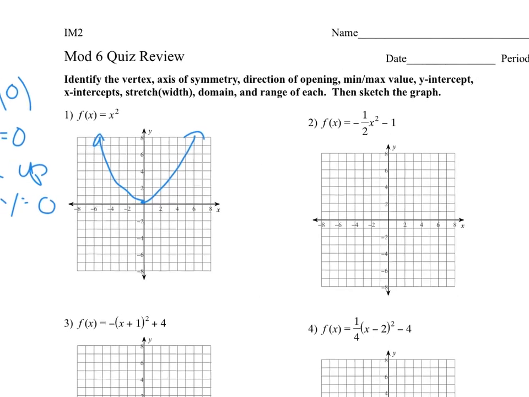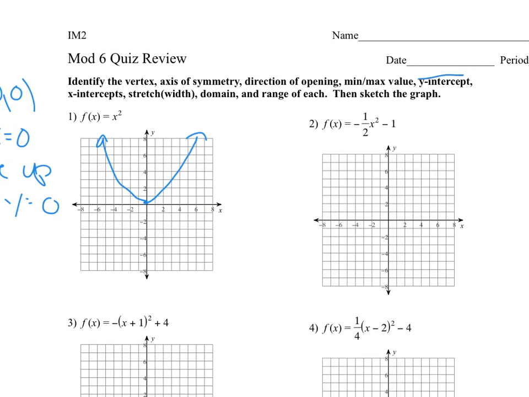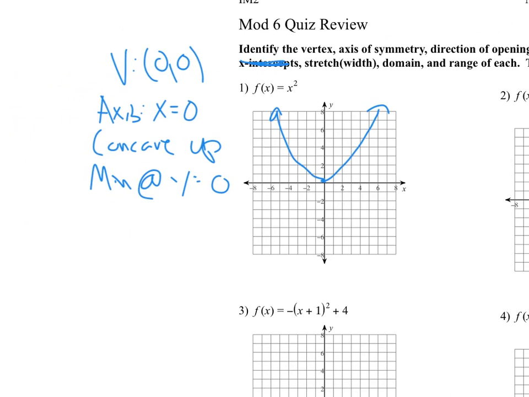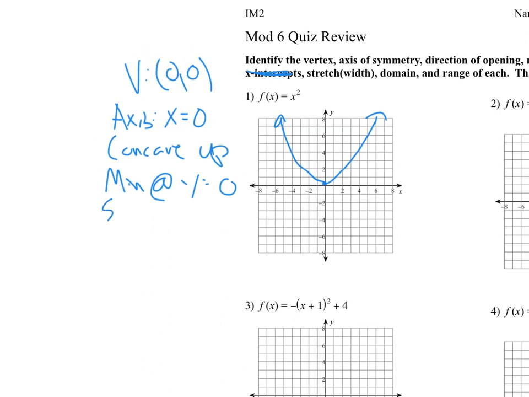Okay, and then for this, I said you don't have to worry about our intercepts yet. We'll worry about that next week. Our stretch on this one is normal because our a value is 1.